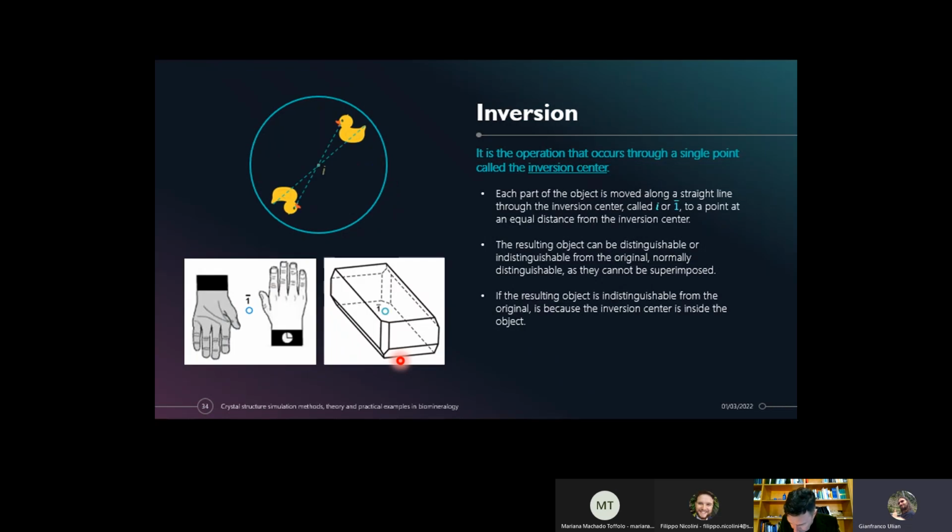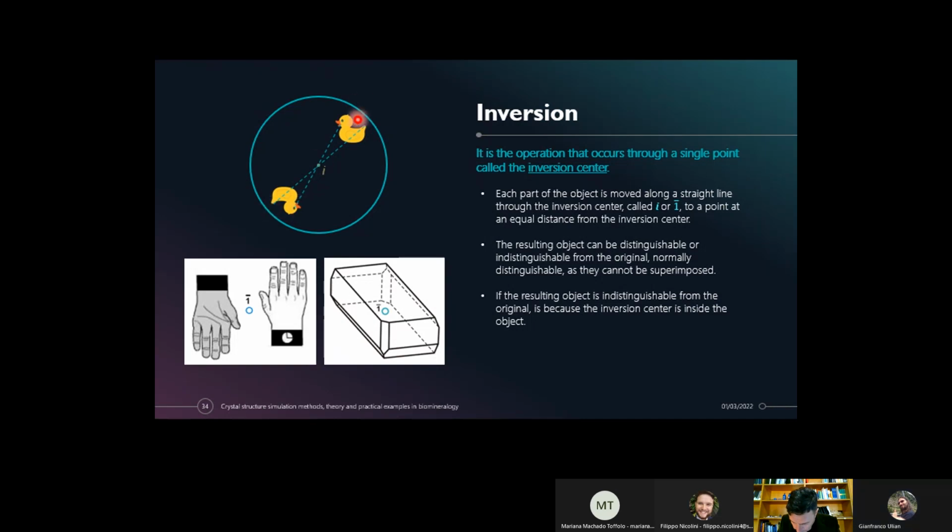And the inversion center, in this case, is a point. It is similar in concept to the reflection, but in this case the inversion is on one point. For example, again the eye of the duck: we draw the segment linking the inversion center and the eye of the duck. If we prolong this segment by the same distance, we find the eye of the duck.